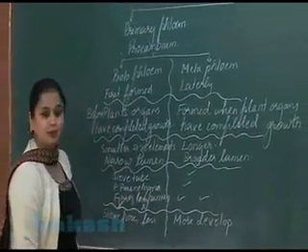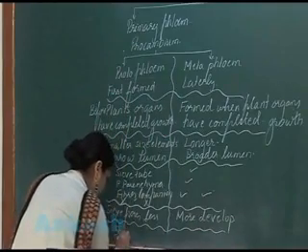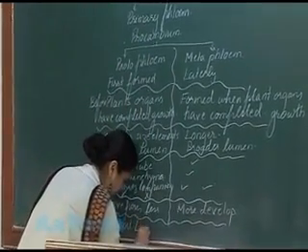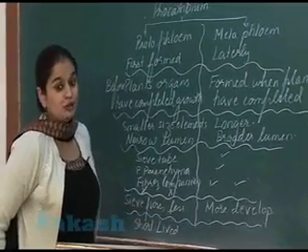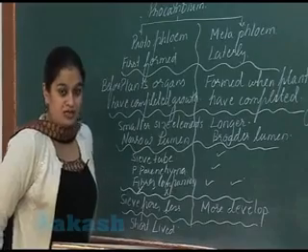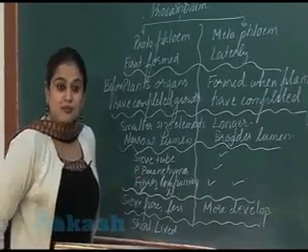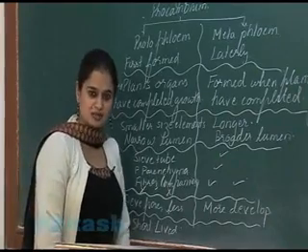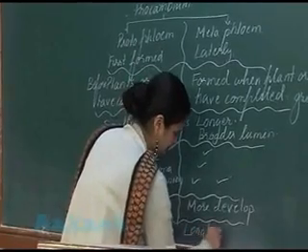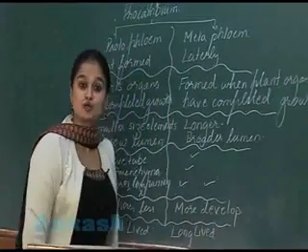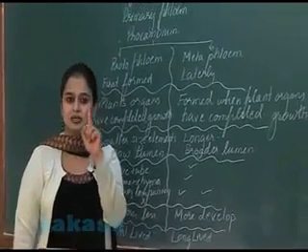Now the protophloem is short-lived. It is crushed by the surrounding tissue due to the primary growth. When the surrounding tissue forms at the time of primary growth, this protophloem will be crushed. Metaphloem is long-lived, but it can also be crushed, but its crushing will occur during secondary growth.